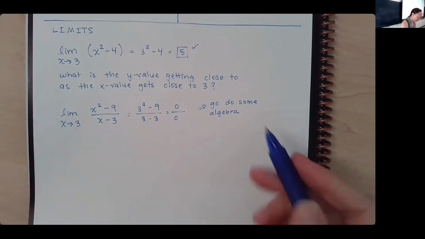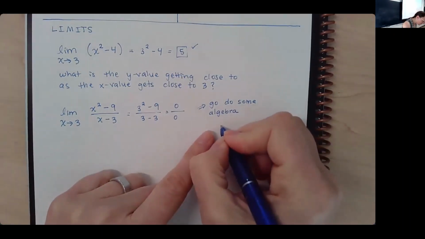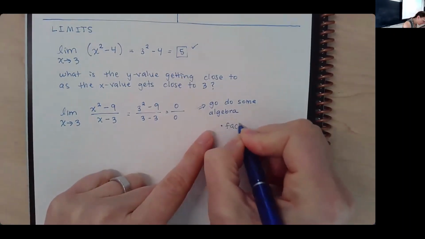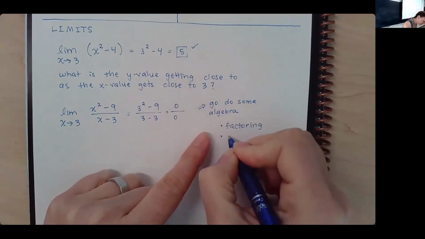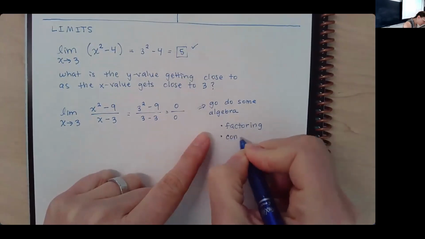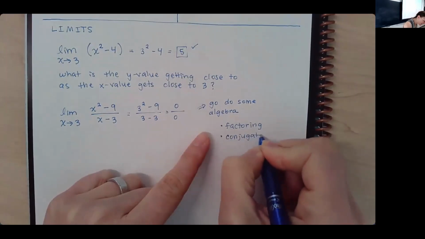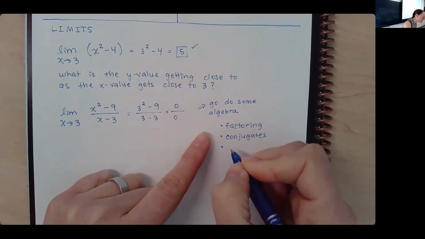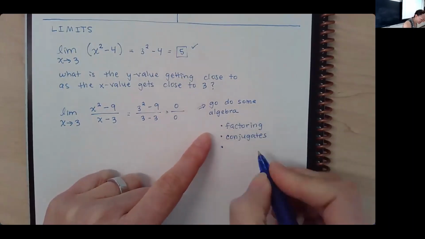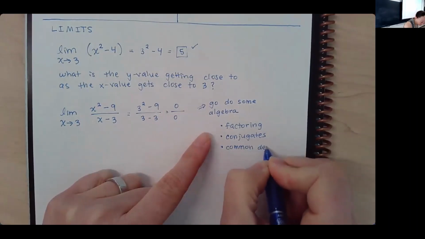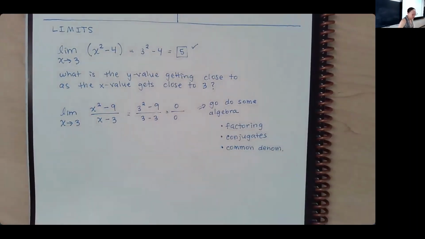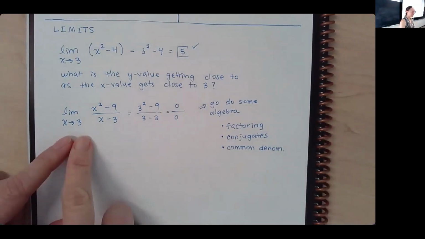But I just wanted to throw that out there that in terms of the algebra, factoring, I promise we'll do more practice, but factoring, conjugates, we're going to spend a lot of time working on limits, folks. Don't worry. Factoring, conjugates, and common denominators are the three most common types of algebra that we're going to end up doing with limits that involve numbers.